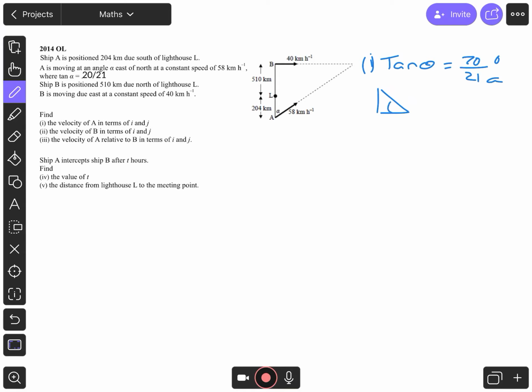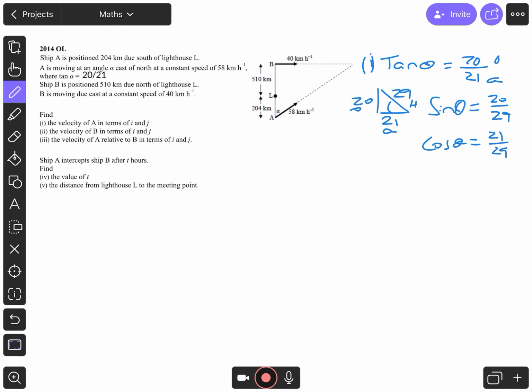If I make this my angle, the opposite is 20, the adjacent is 21, and the hypotenuse is going to be 29, using Pythagoras. So now I can find that sine of the angle is opposite over hypotenuse, so that's 20/29, and the cos of the angle is 21/29.